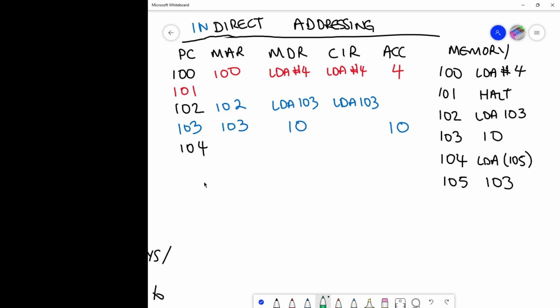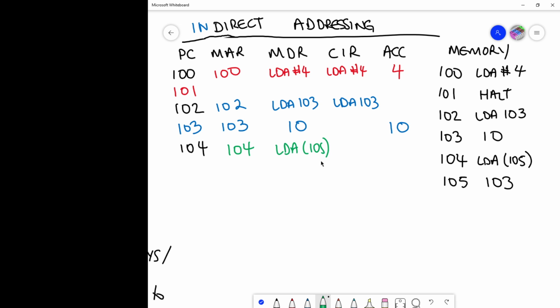Right, so we start with the fetch execute. First step, we want to fetch an instruction, so the program counter, copy that over to the memory address register. Issue a read instruction, so the control unit does that by sending a signal down the control bus to say, oi, send us some data. That data will arrive at the memory data register, LDA 105.